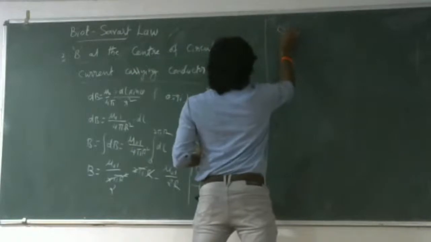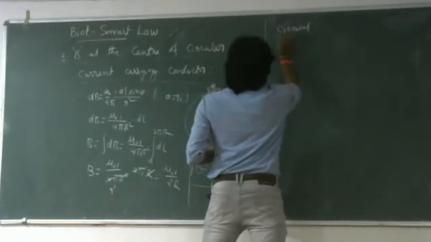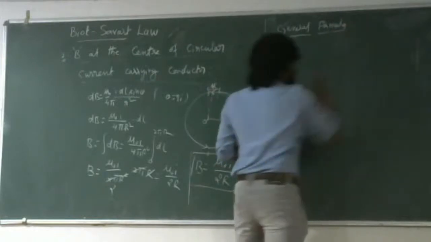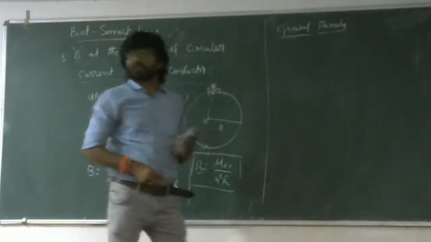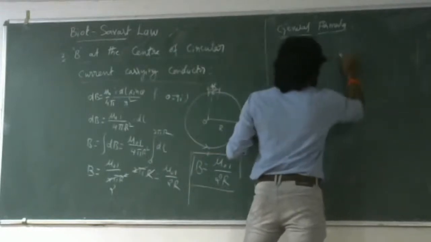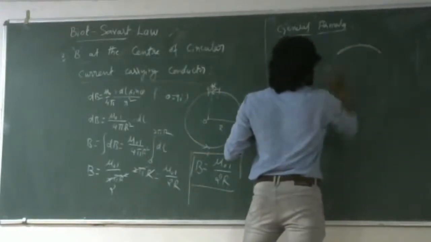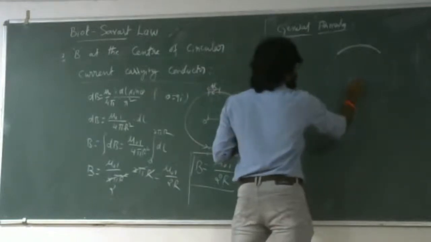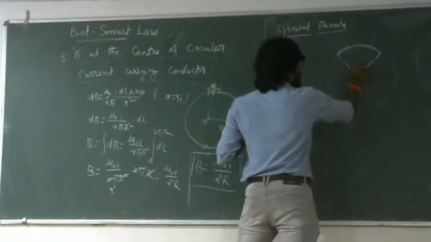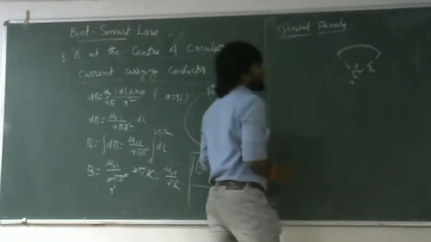General formula for finding magnetic field due to a circular current carrying conductor. So in a circular track, let us consider there is an arc of a circle. This is the center. This arc subtends an angle of theta, which has a radius of r.